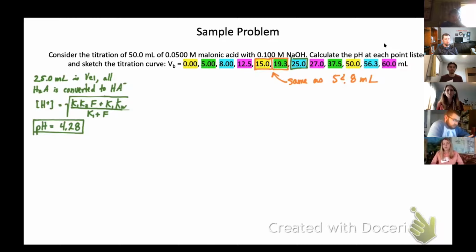Remember that this equation is good at equivalence points. So we use it in 2 different forms or 3 different forms, depending on di or triprotic. We talked previously about how to determine the K values to use. So we have K1 and K2 and formula concentration. We solve for it and we end up with a pH of 4.28.